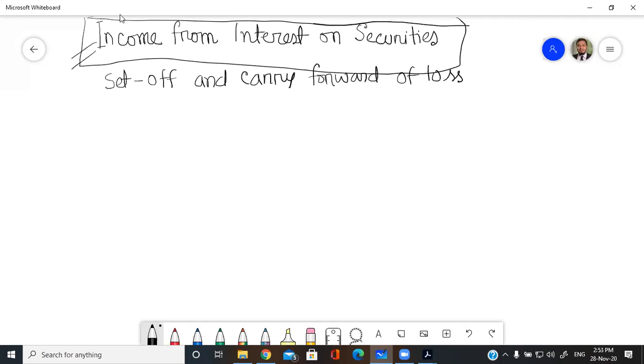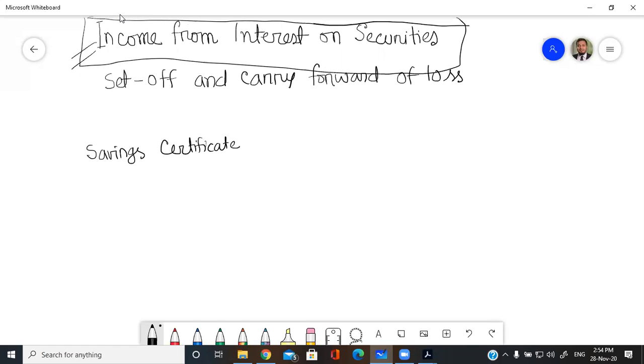Now, one common interest income available at the homes of Bangladeshi people nowadays is the income from interest on savings certificates. A savings certificate periodically pays interest.